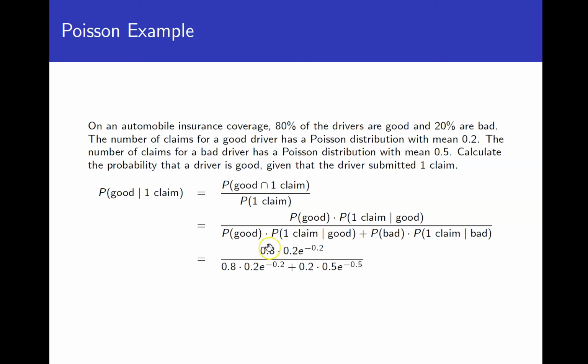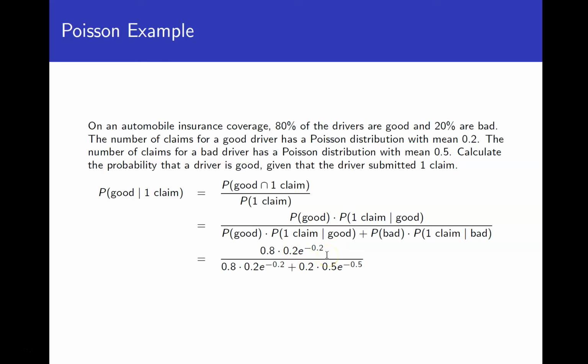Now the different pieces. Probability that a driver is good is 0.8. If the driver is good, that was a Poisson distribution with a mean of 0.2. We want exactly one claim. So exactly one claim would be e to the negative lambda, e to the negative 0.2, lambda to the first, that's where this 0.2 is coming from, divided by 1 factorial.